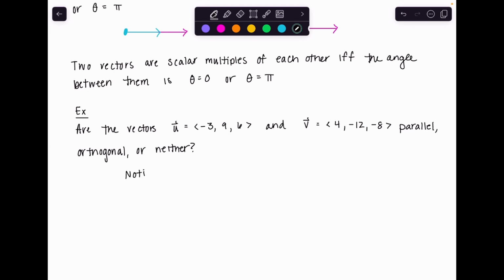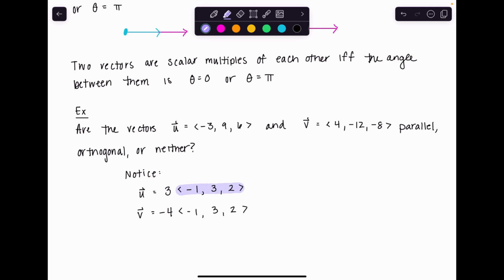So notice what I can do is the vector u, I can go ahead and pull out a 3. And that leaves me with the vector -1, 3, 2. And likewise with v, I can take out a 4, but also all the signs are off, so I'm going to pull out a -4. And what that does is leave me with -1, 3, 2.